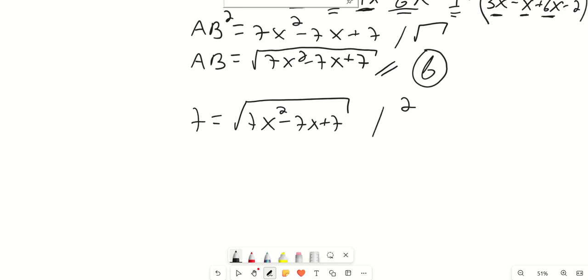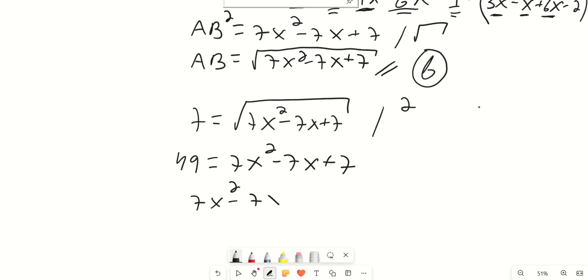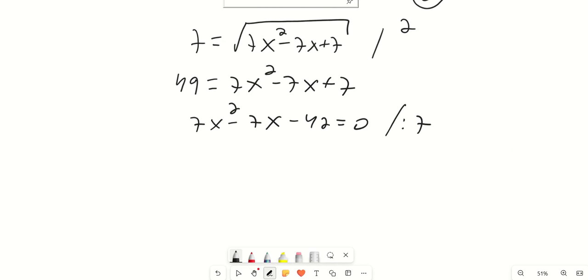I'm going to square it. 49 equals 7x squared minus 7x plus 7. Then I move everything to one side. 7x squared minus 7x minus 42 equals 0. I divide the equation by 7. I get x squared minus x minus 6 equals 0.